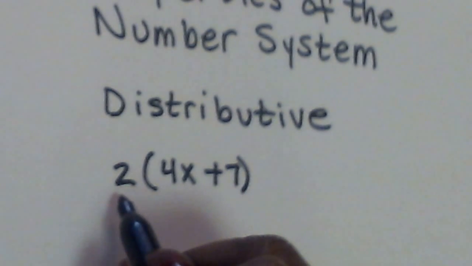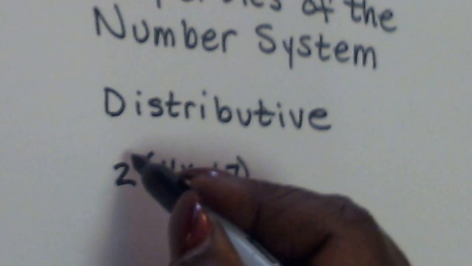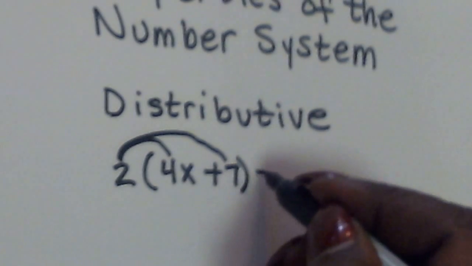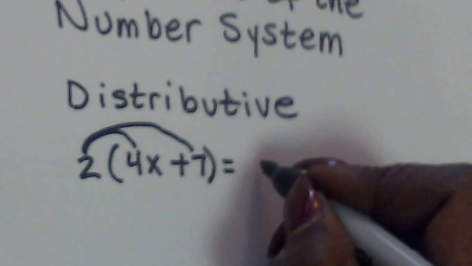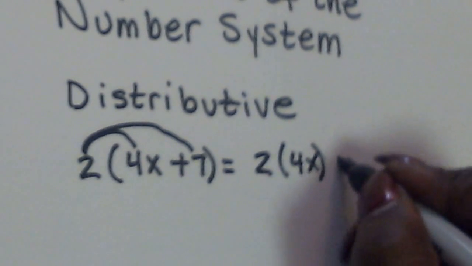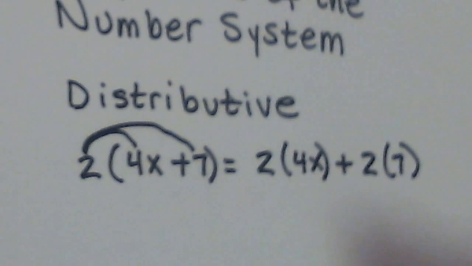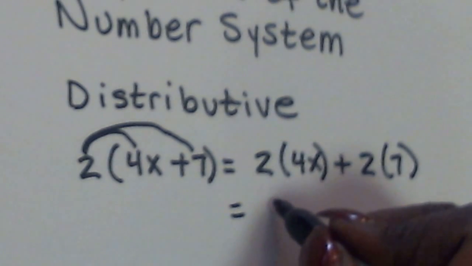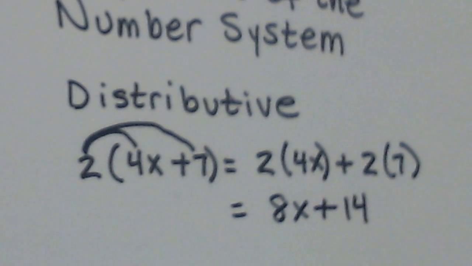Whenever there's a number or a variable outside of parentheses, we can distribute it to every element that's inside the parentheses. So an expanded view would be 2 times 4x plus 2 times 7. Then we do the multiplication and get 8x plus 14.